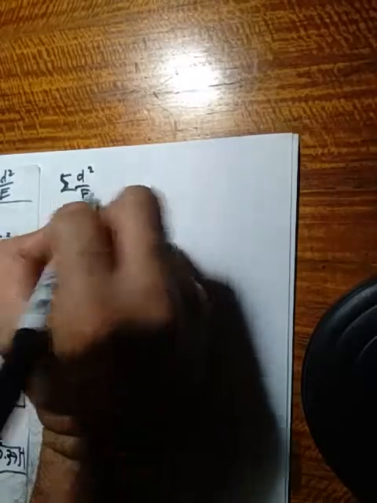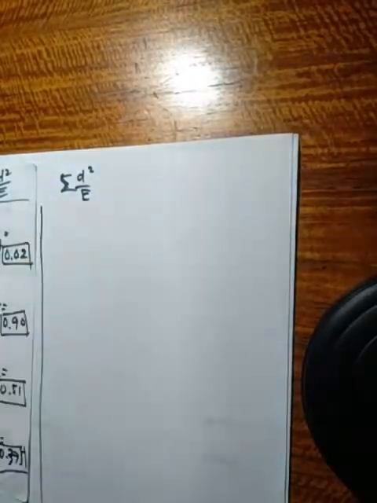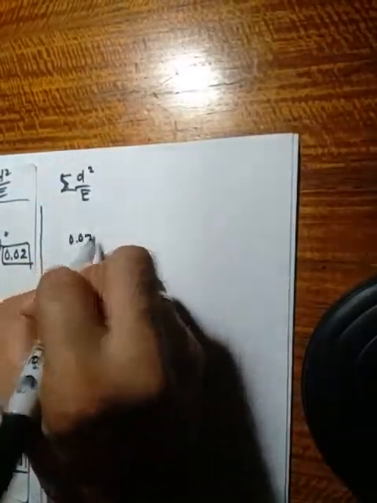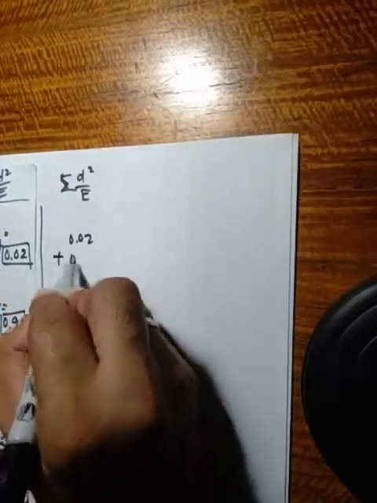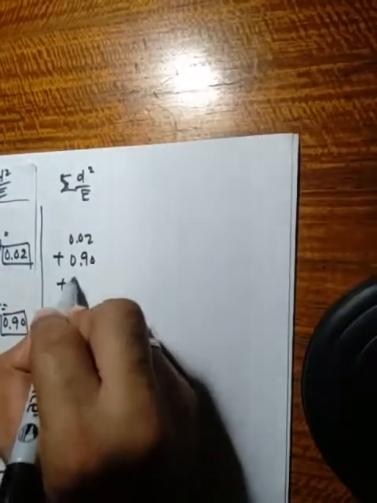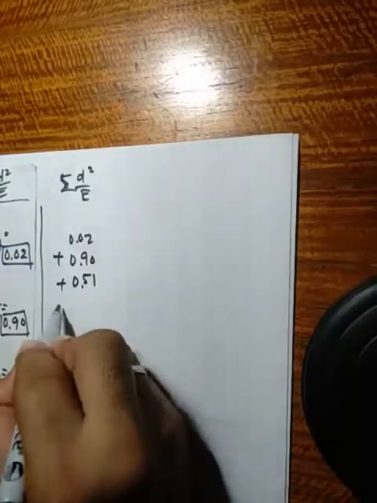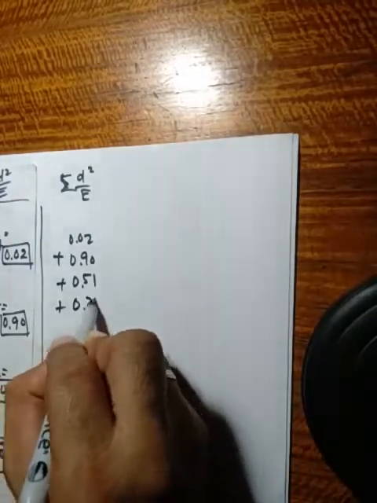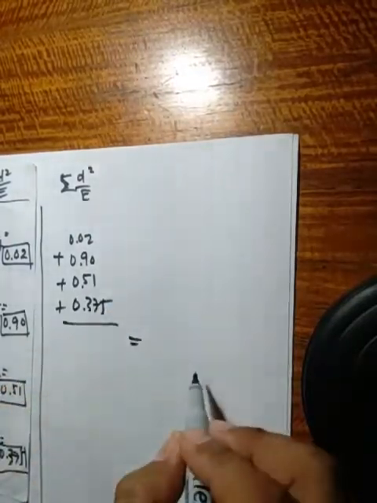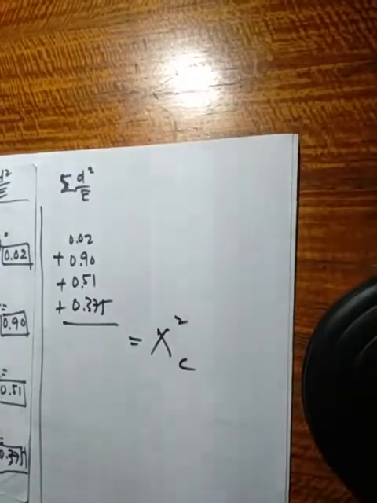So summation of d squared over e now becomes 0.02 plus 0.90 plus 0.51 plus 0.375, and that will be equivalent to your chi-squared computed.